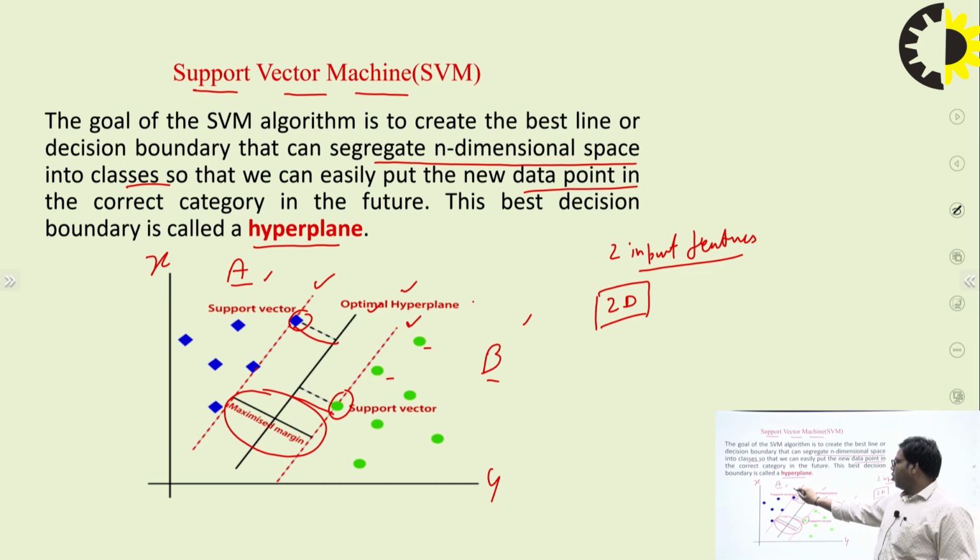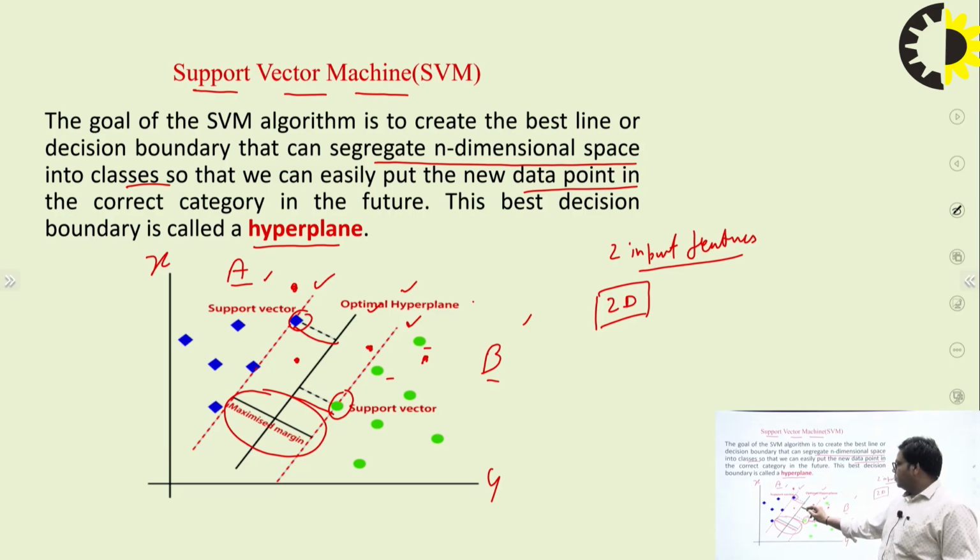Suppose the point is plotted here, that would clearly be assigned to class A. If the point is plotted here, then clearly that would be assigned to class B. Suppose the point is here, again that would be class B. If the point lies here, then again it would be classified into class A.